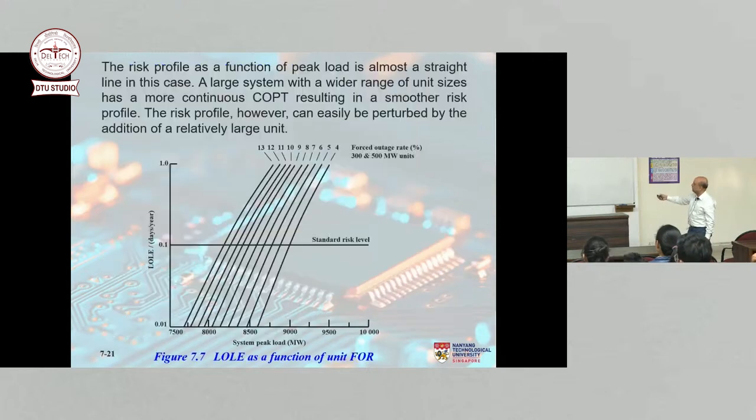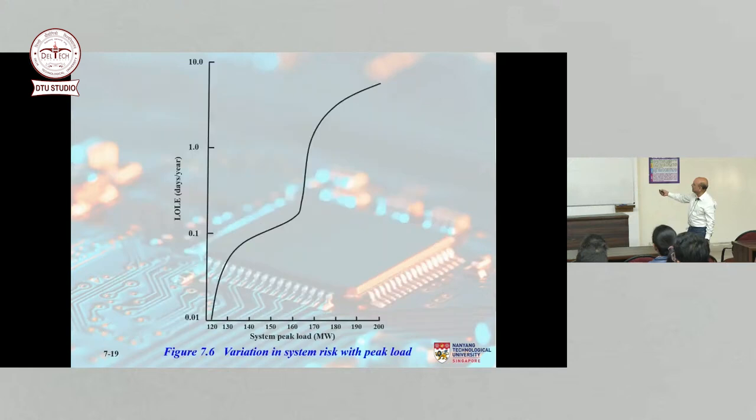So you see what we did? We changed the forced outage rate of these 300 and 500 megawatt units from 4% to 13%. And you can see the impact on the risk. And as you see, the profile is smooth. If you go back to this one, the profile is not smooth. So when you have a small system, the perturbations in the risk are significant.